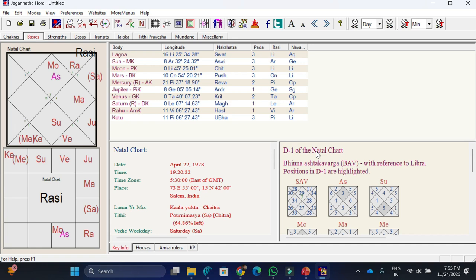Retrograde basically means, remember in Rahu Ketu, when I explained that Rahu Ketu always move opposite to the normal motion? Like if all the planets are moving, say, clockwise, Rahu Ketu will move anti-clockwise. So Rahu Ketu are always retrograde, which is why it's never written in front of Rahu Ketu that they are retrograde, because they are naturally retrograde.